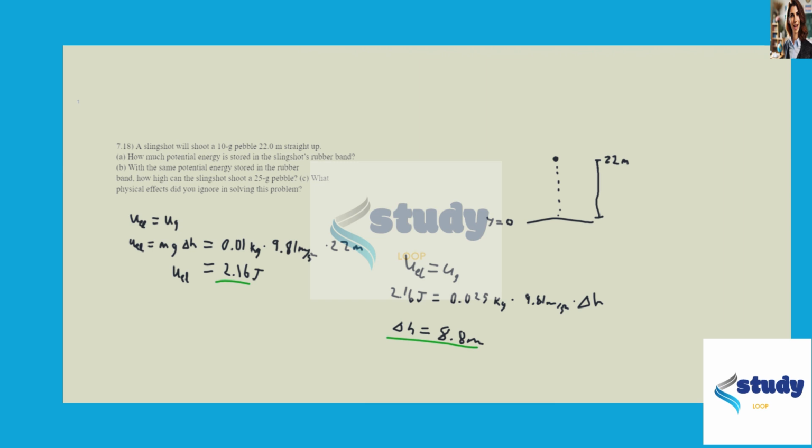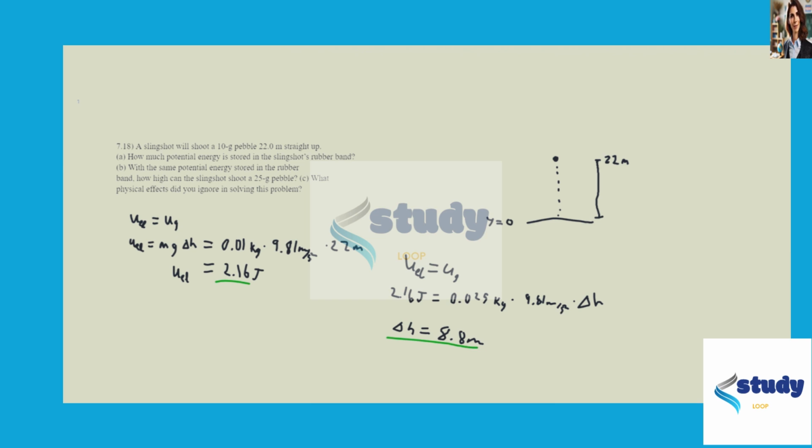Okay, so C, what physical effects did you ignore in solving this problem? So there are a number of factors that you have to assume or disregard. First off, we have the assumption that there's going to be conservation of energy between the slingshot and the point at which the pebble reaches its peak.